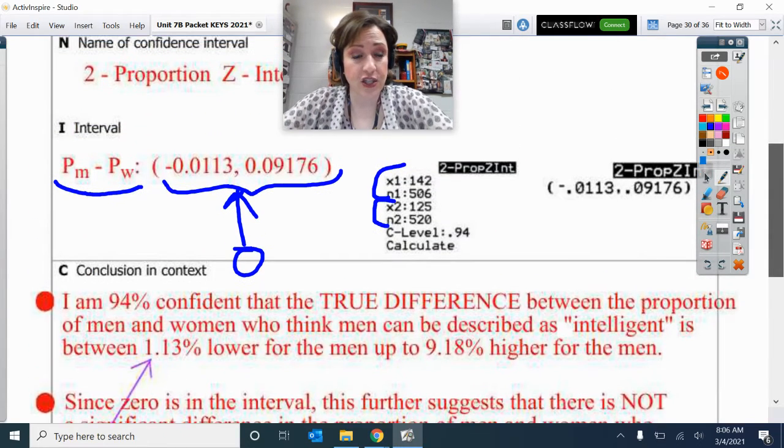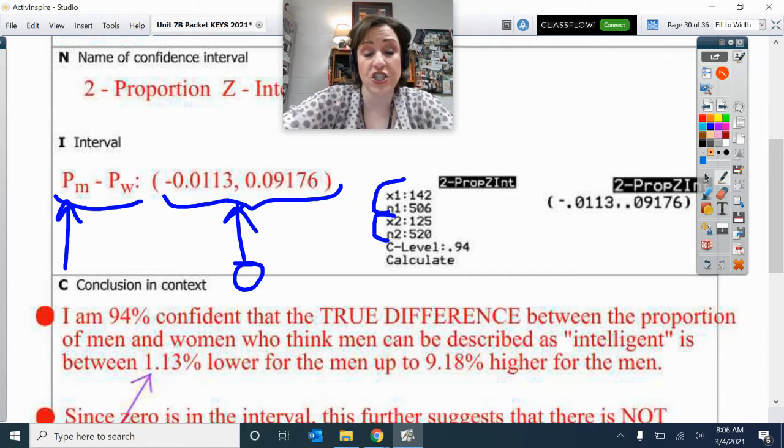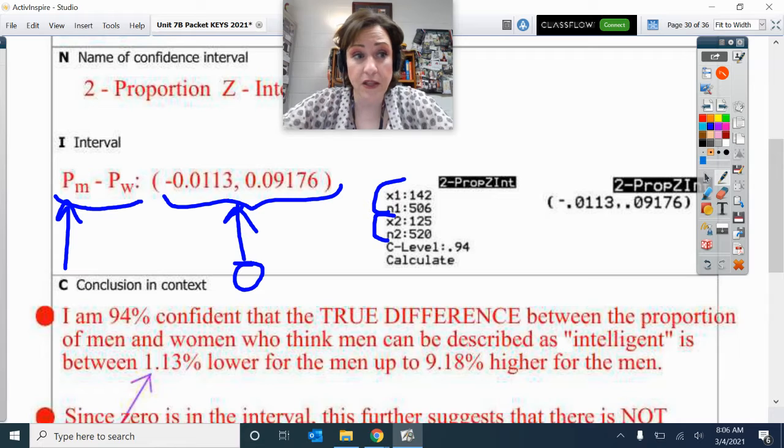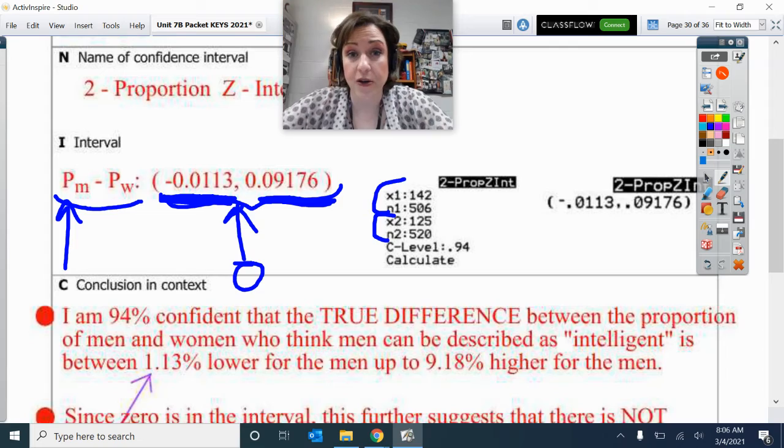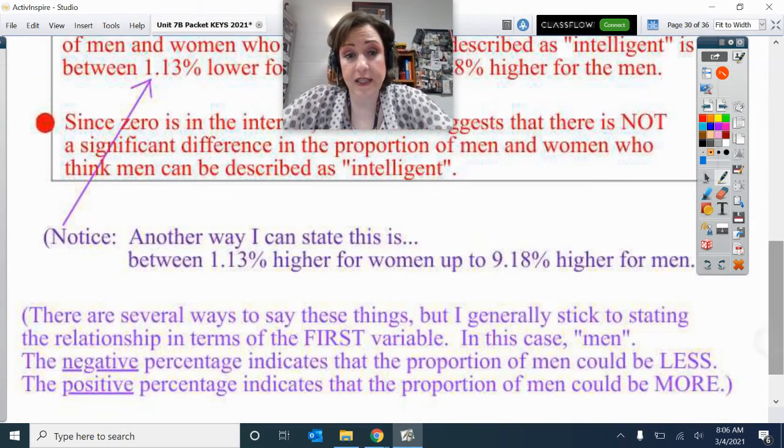So I like to do my statement always in terms of the first variable, the first parameter, because I know if it's negative, then that is the men being lower. If it's positive, then that's the men being higher than the women. Now, you could have said it different ways. You could have said 1.3% higher for the women to 9.8% higher for the men.